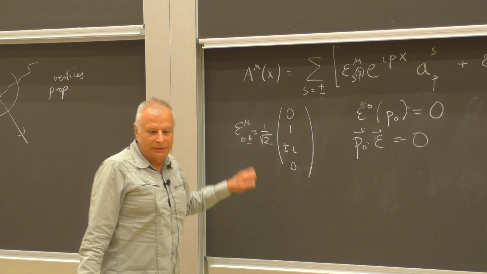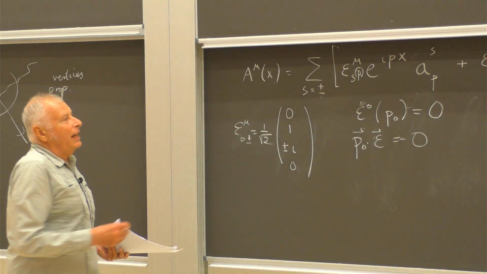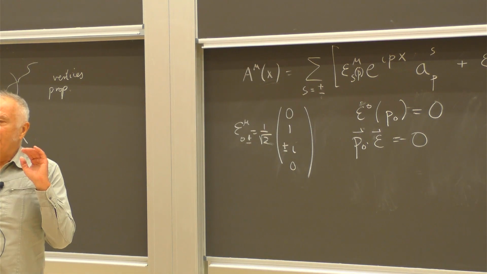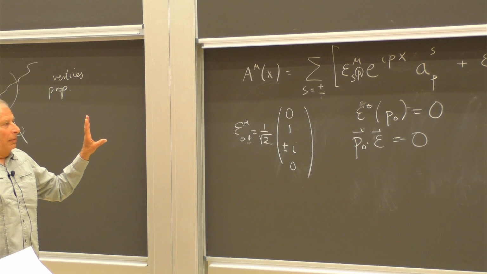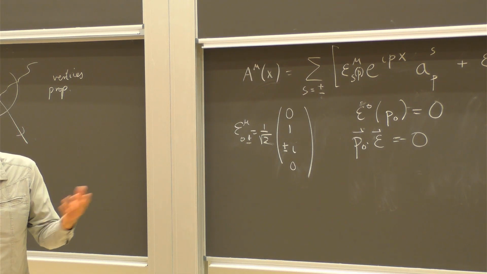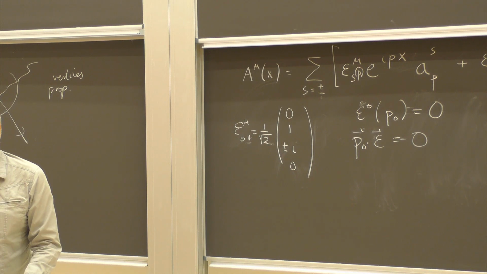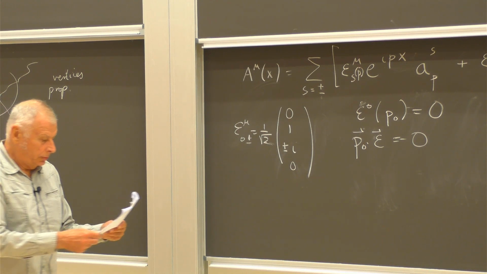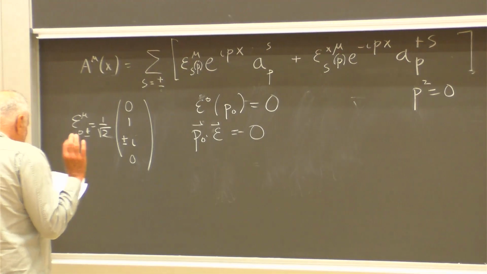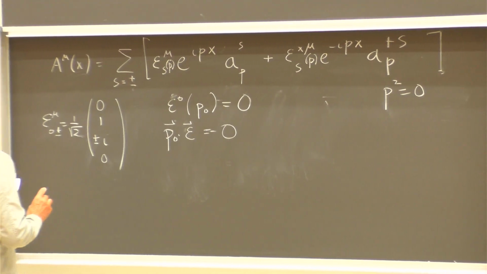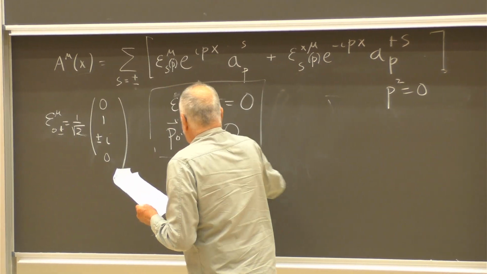All right? Good. Now, as in the case of momentum spinors, I will construct polarization vectors in an arbitrary frame by performing a boost, the same boost as before, the same rotation and boost, Lorentz transformation. To do it, it's convenient to write those constraints in a covariant way.